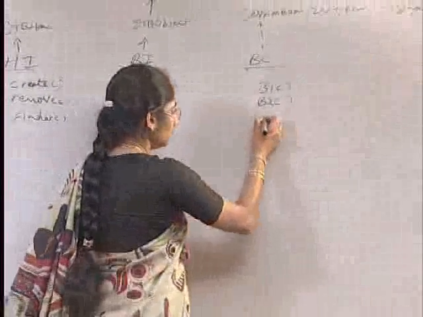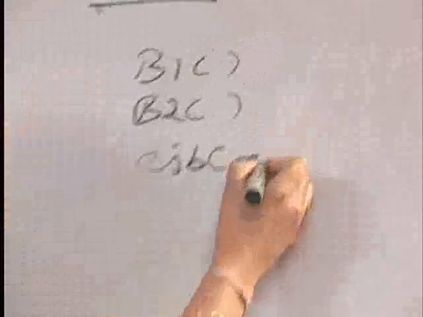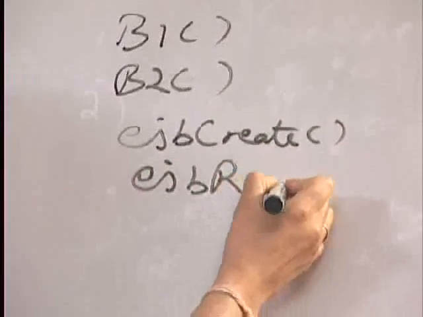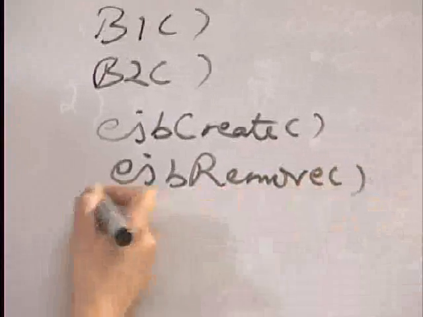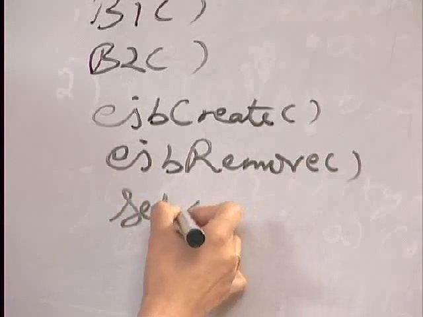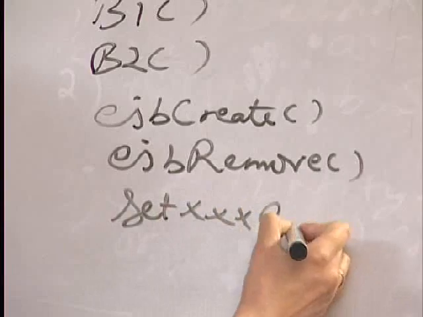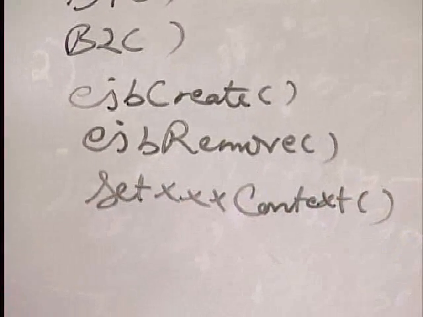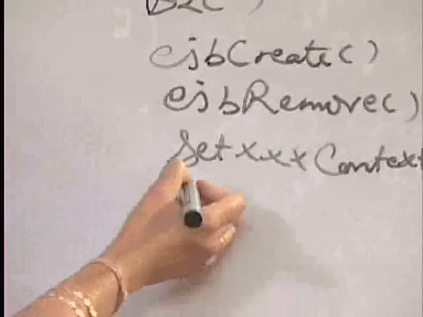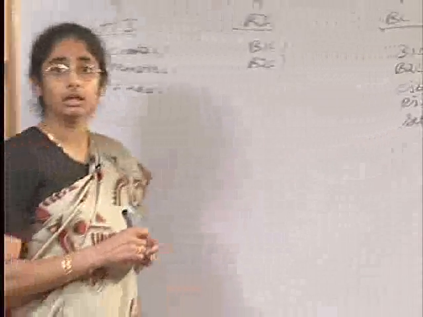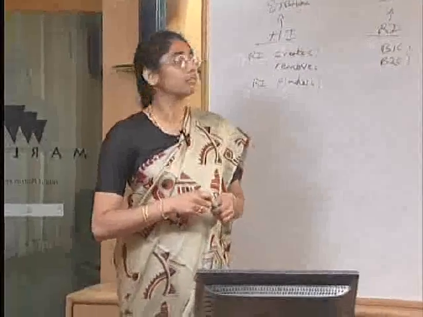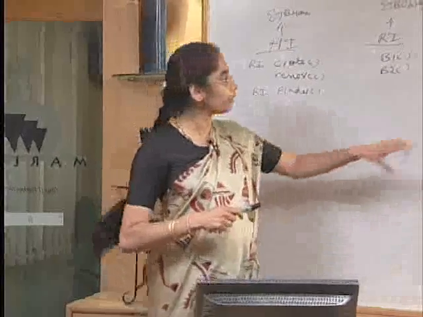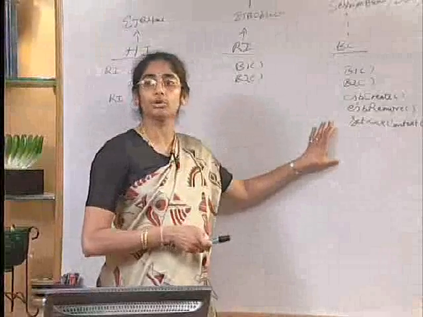For example, the ejbCreate method, ejbRemove method, setContext method, etc., which are all callback methods from the interface that you would be implementing. We will come across these callback methods in more detail later.